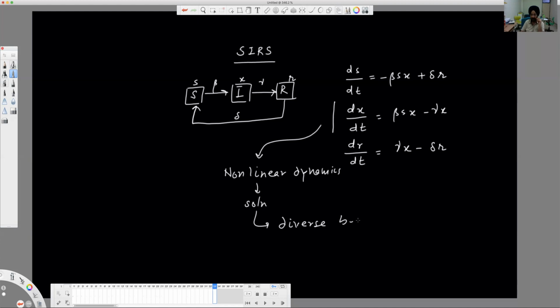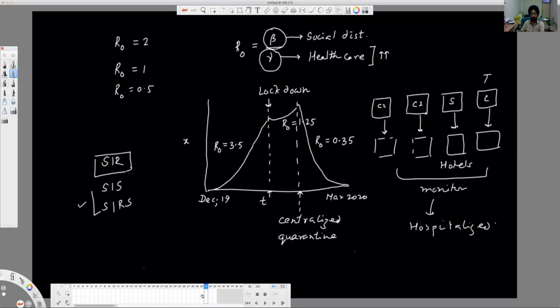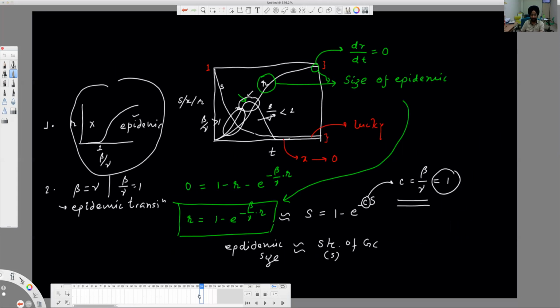For example, in the earlier models, we saw that at least qualitatively, curves are similar, right? So this curve will be like this. This is a trademark curve of the SIS model, and this is the trademark curve of the SIR model.